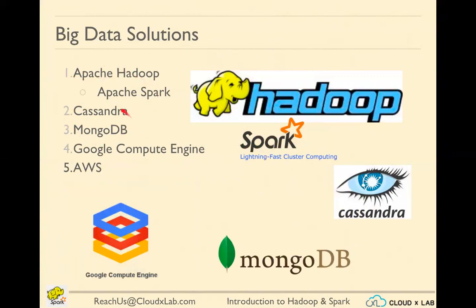Cassandra and MongoDB are examples of NoSQL. NoSQLs are kinds of databases, data stores in the form of key values and not really relational. They utilize multiple computers in order to achieve velocity and volume, and sometimes also variety.